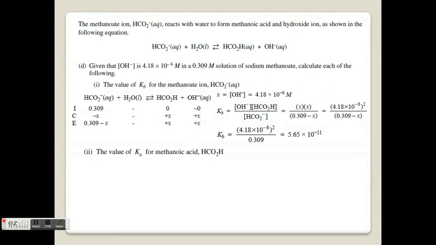Then we need to calculate the Ka value. Ka is equal to Kw over Kb, which is 1.00 times 10 to the negative 14th over 5.65 times 10 to the negative 11th, which is what we got in the previous question, and the answer is 1.77 times 10 to the negative 4th.